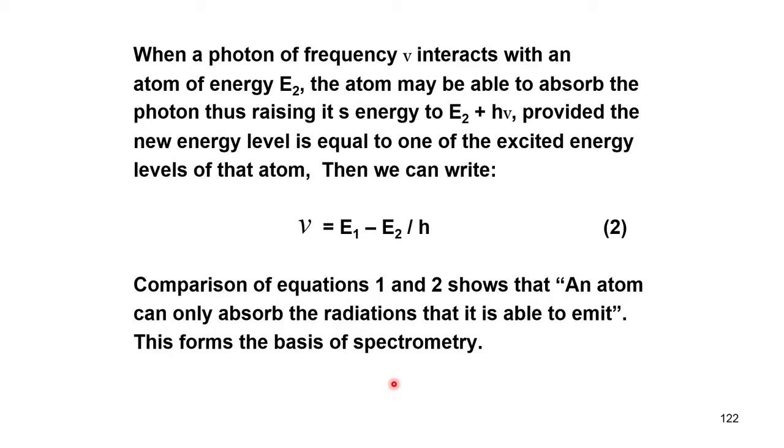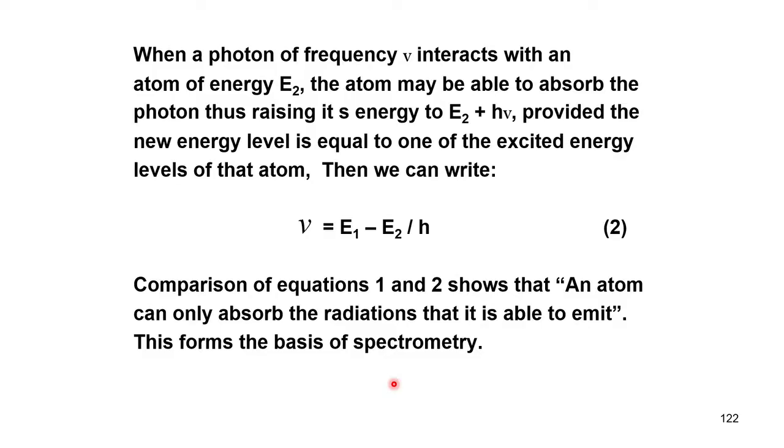So, when a photon of frequency nu interacts with an atom of energy E1, the atom may be able to absorb the photon. So, it goes to E1 plus h nu, that is some amount of energy is absorbed and it goes to the next level, the difference being h nu, provided the new energy level is equal to one of the excited energy levels.